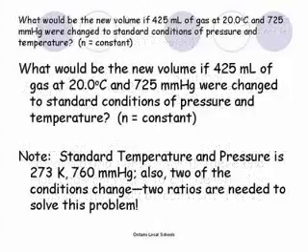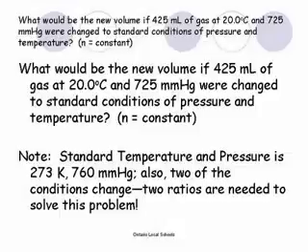Let's go on to a more complex problem. This is a problem in which more than one of the variables that we look at in gases changes. So let's take a look. What would be the new volume if 425 milliliters of a gas at 20 degrees Celsius and 725 millimeters of mercury were changed to standard conditions of pressure and temperature?